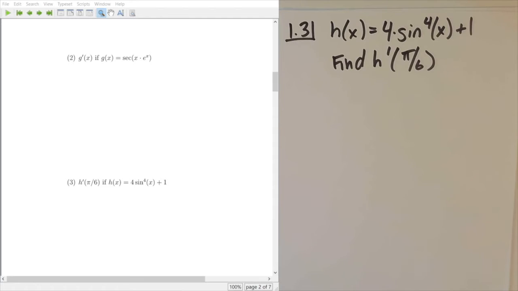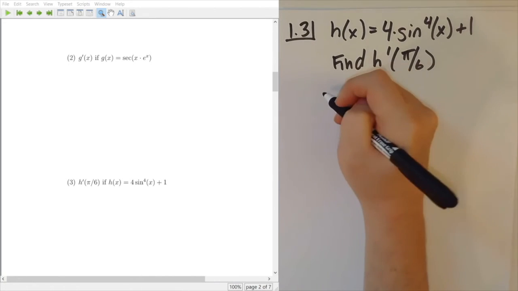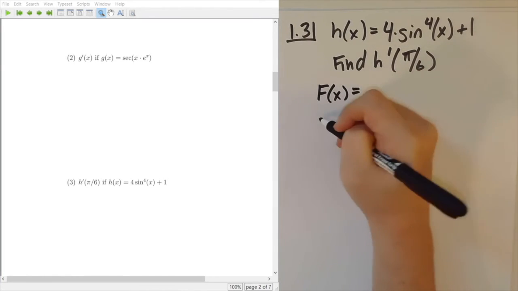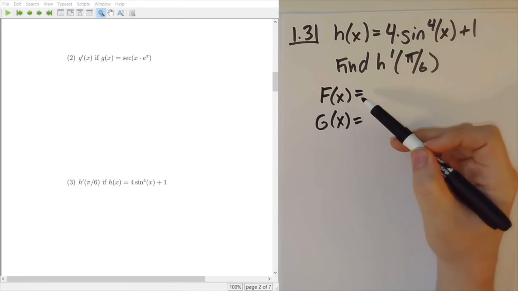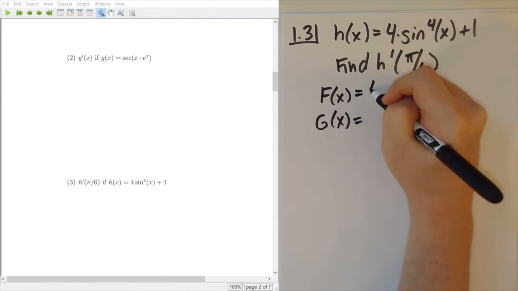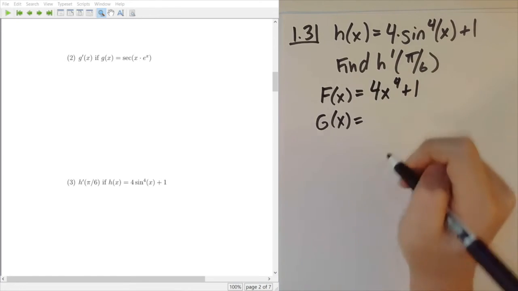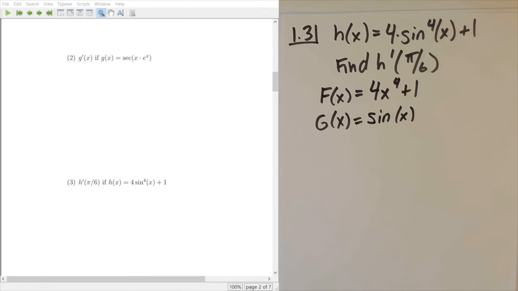But first, we need to write what are the functions being composed here. So I'll go ahead and say what the outside function and the inside function are. Namely, the outside function here is 4x to the fourth plus 1. And the inside function is sine of x.